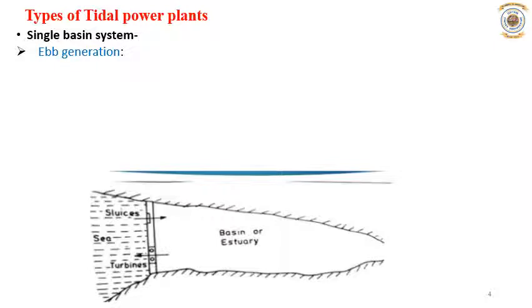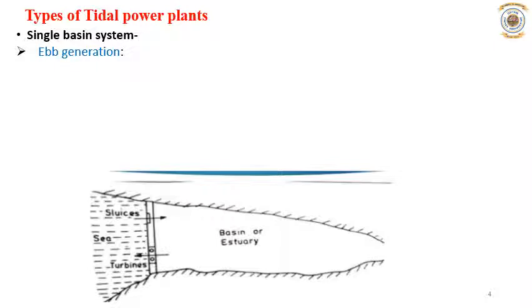In between, a dam is constructed which separates the water of the sea and the basin, and sluice gates and turbines are introduced in the dam, which control the flow of water between basin and sea. In single ebb generation, as we know what an ebb current is.